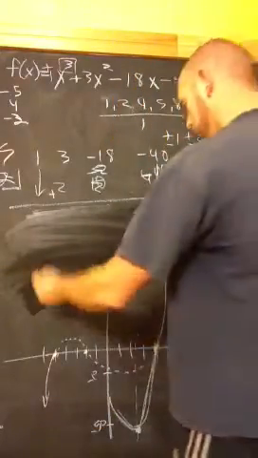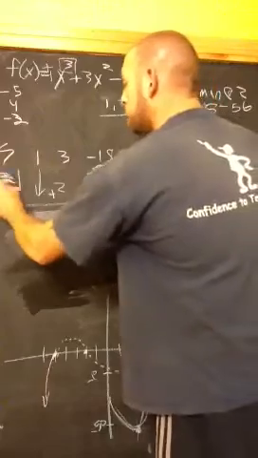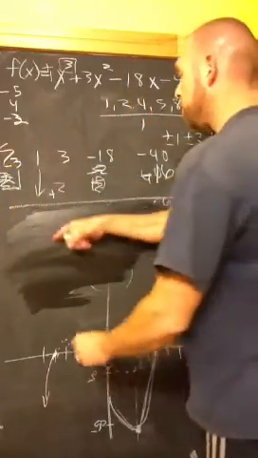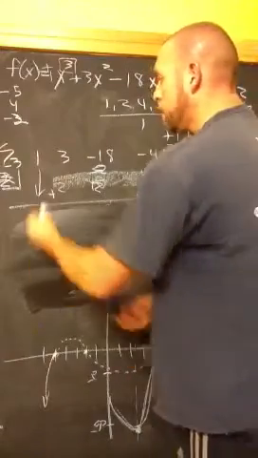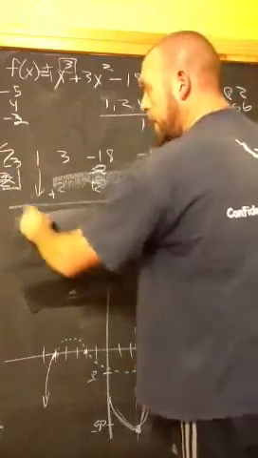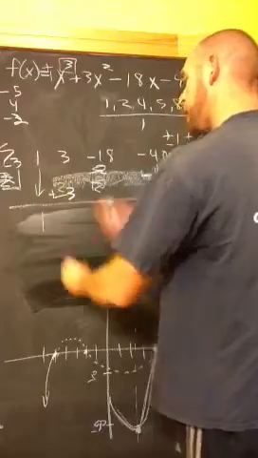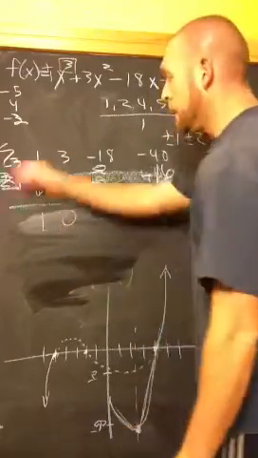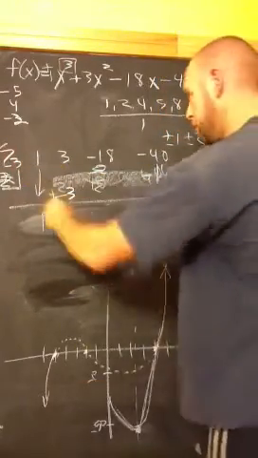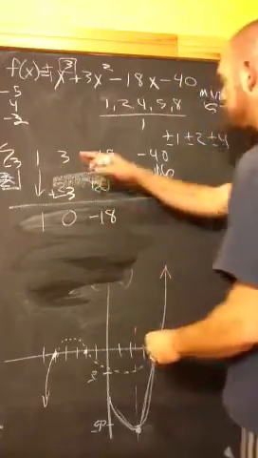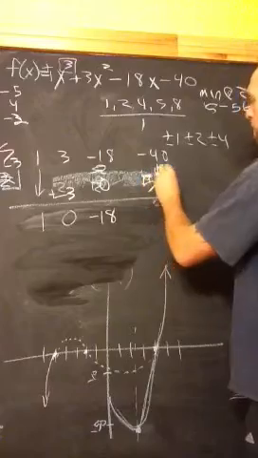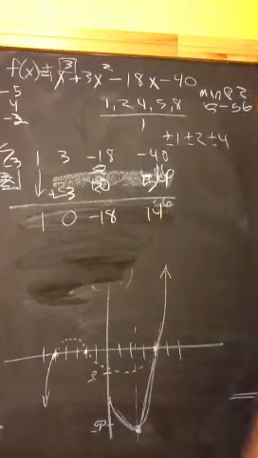When I plug in a negative 3, I drop that, and I get a 1. I get a negative 3. I get a 0. I get a 0. Right? So I get a negative 18. Is that negative, negative, positive? Is that 54? So I get 54 minus 40 is going to be 14, right? Okay, that's good to know.